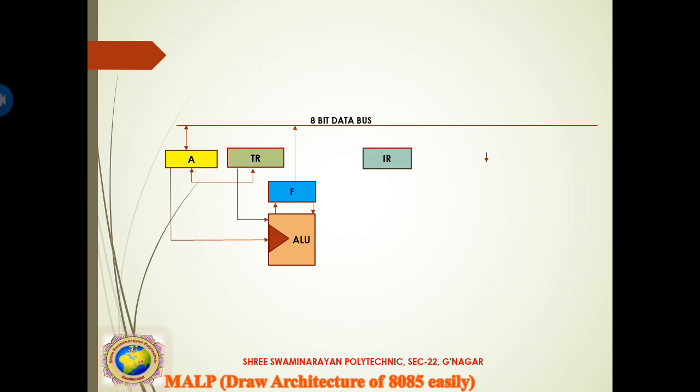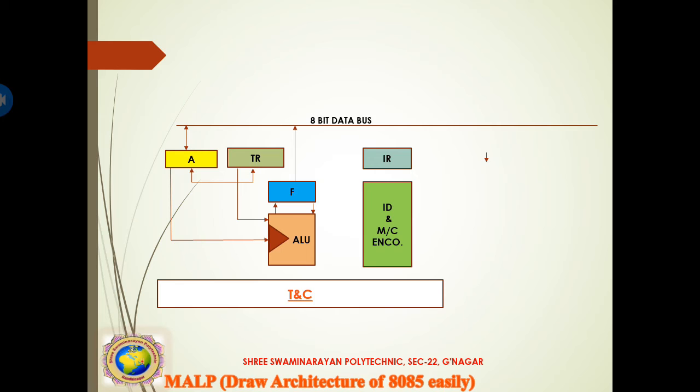Now I take the instruction register, instruction decoder and machine cycle encoder. These will be connected with the timing and control signals. First the 8-bit data bus is connected to the instruction register, then the instruction decoder, then the timing and control unit.